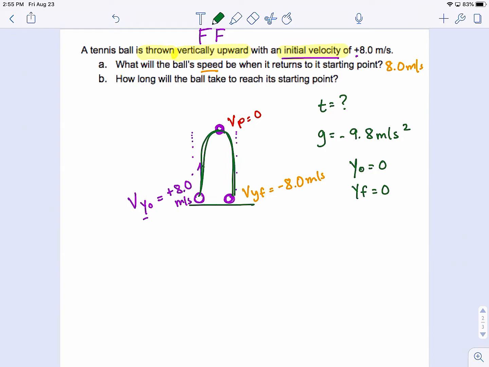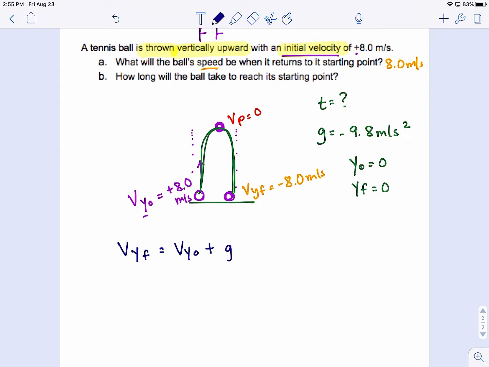So if we want to find time, I'm just going to use the easy equation here. So the easy equation, we have VYF. On the equation sheet, this is an X, and that just means horizontal. Now we're looking in the vertical. So VYF equals VY naught plus, instead of A, we're dealing with G, the acceleration due to gravity, times T. Now I'm going to solve for T. So I'm going to subtract VY naught from both sides.